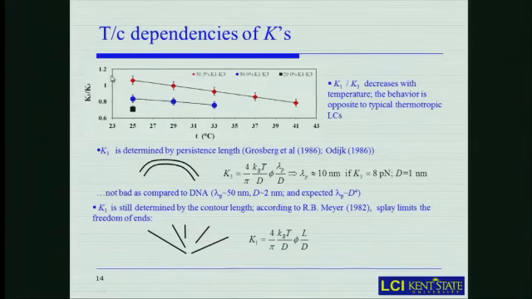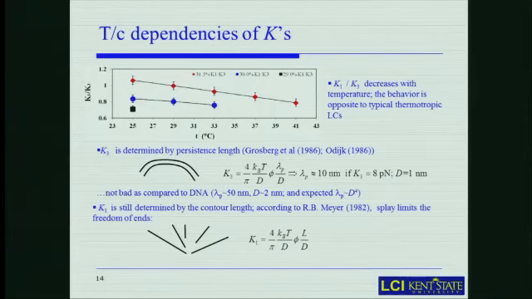And you see a behavior that is rather unusual from the point of view of liquid crystals of thermotropic type. In liquid crystals of thermotropic type, K1 and K3 converge to the same value more or less as the temperature is increased, and typically K3 remains larger than K1.